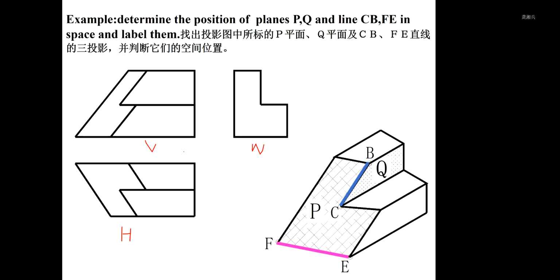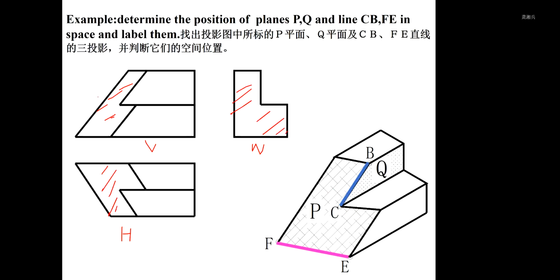Okay, so we go ahead with P. This is a shape just like a slope. So P is there. From this direction, this one is P. For the V projection, this one is P. But for this one, this is P. For Q, we know this one is parallel to the front plane.